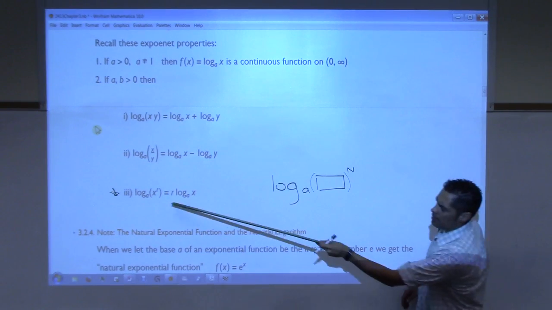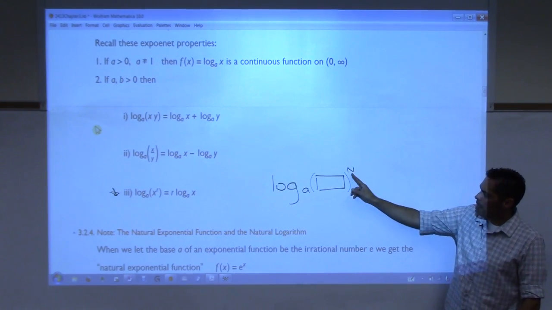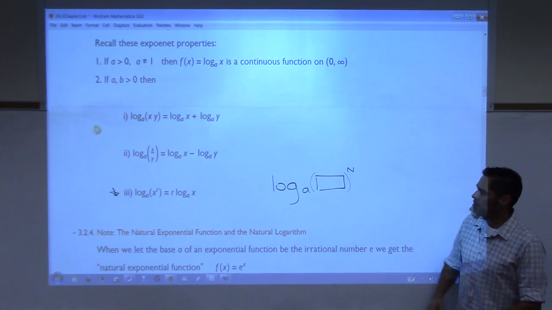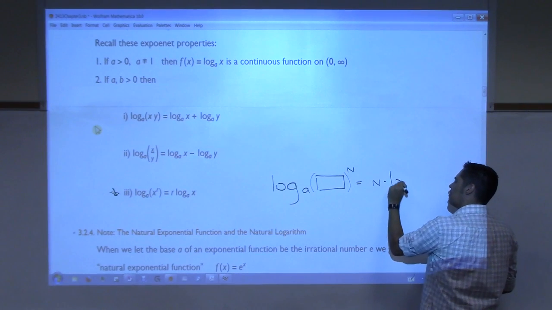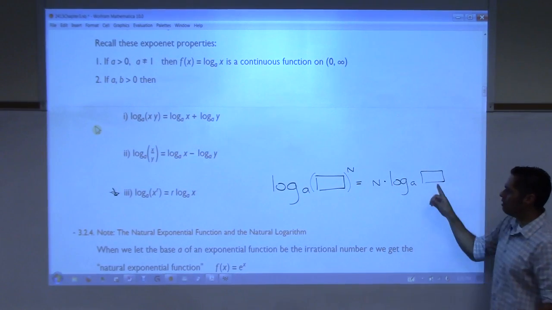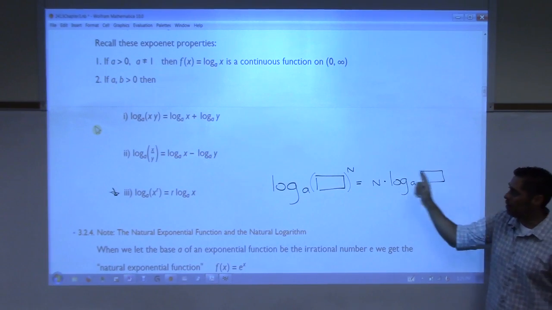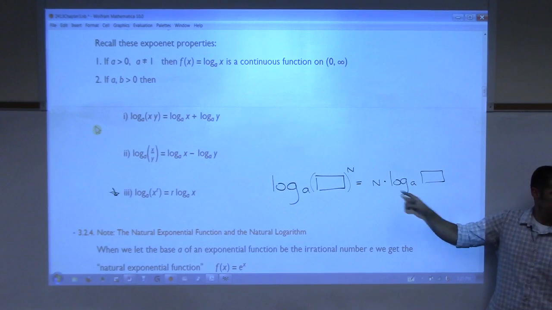I use r here because that's what the book used, but I'll just use an n instead. This property of logs says that you are allowed to drop the n out in front as a number and just multiply that times the log of just this thing. So no more power. The power drops out. Do you remember that property?